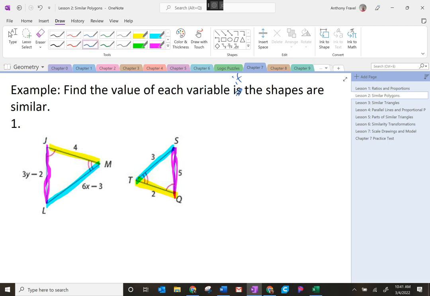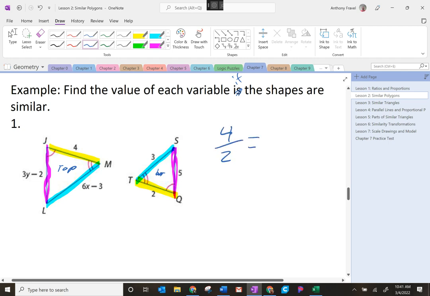As I set these up, I'll say this will be my top, this will be my bottom. No matter what, 4 over 2, those are both my yellow ones. I know that constant's going to be there. These will be the exact same because they're the exact same color.